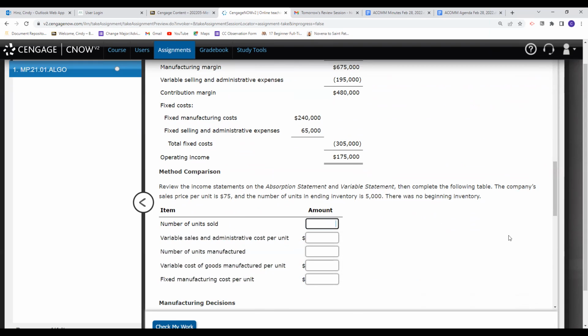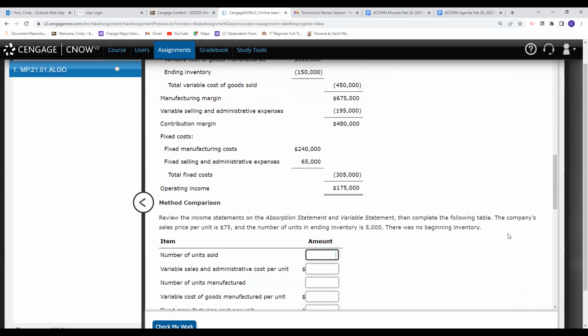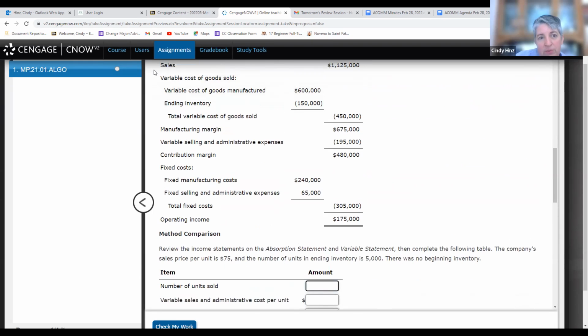Divide 75 by 1. Yep, you said it in reverse, but I think you know what you meant to say, which is we take the sales and divide that by the selling price per unit. So if we take that sales, 1,125,000, divide by $75, we learn that they sold 15,000 units.